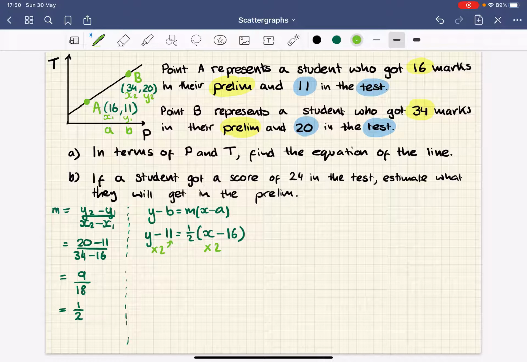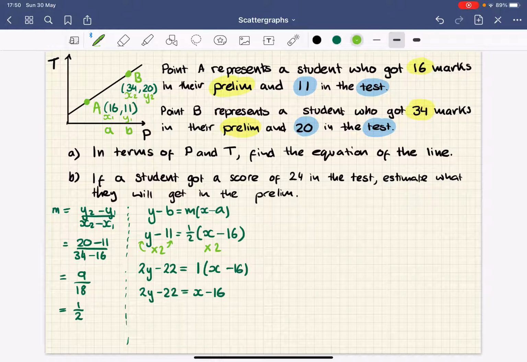And remember, I've got to multiply these two things individually because they are separate. So it's going to be 2y minus 22 equals, when I multiply the fraction by the denominator, I'm left with the numerator. So expanding that bracket basically stays the same. So that's just going to be x minus 16.